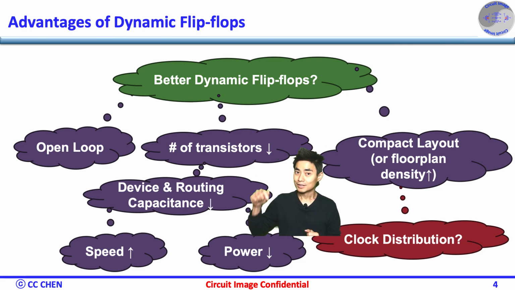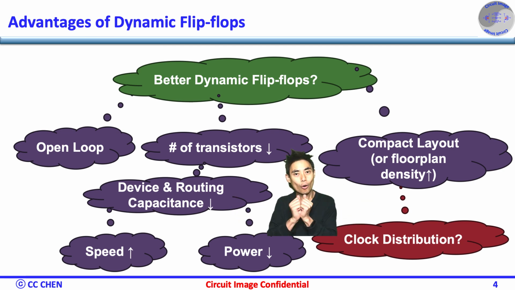Third, the fewer transistors and simple structure make the layout more compact owing to a smaller size or a high density in those flops. Therefore, the dynamic flip-flops can achieve a very high speed and low power at the same time, owing to a less capacitive loading and parasitic routing capacitance.